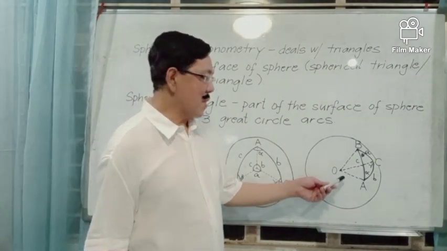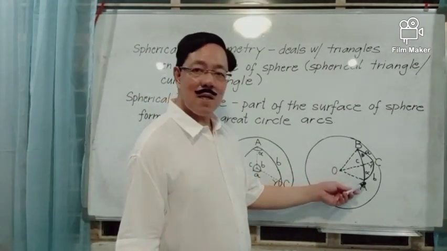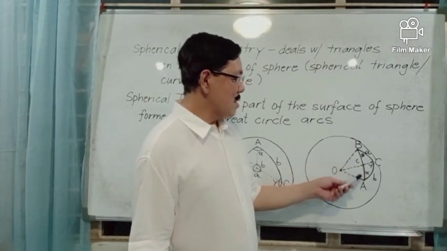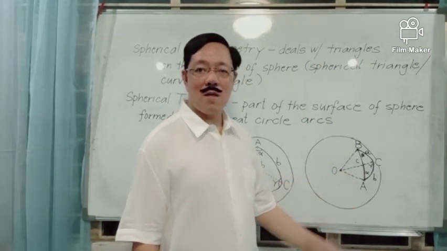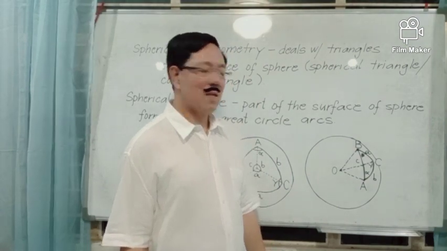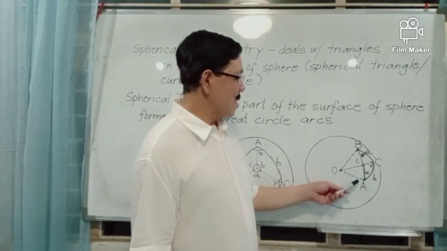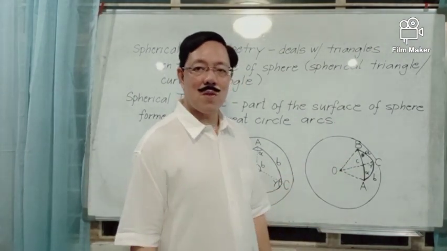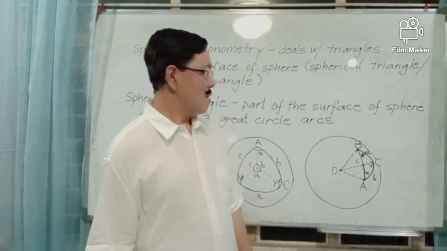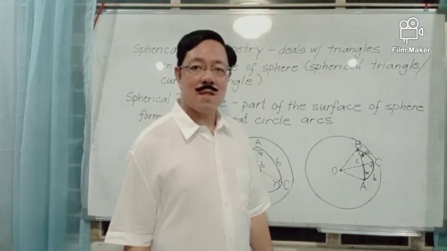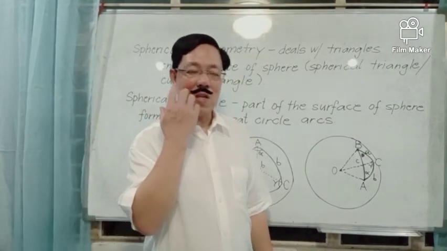Consider this spherical triangle with vertices A, B, C. This triangle ABC is on the surface of the sphere. So this spherical triangle ABC is also known as a curved triangle. It is a triangle on the surface of the sphere.